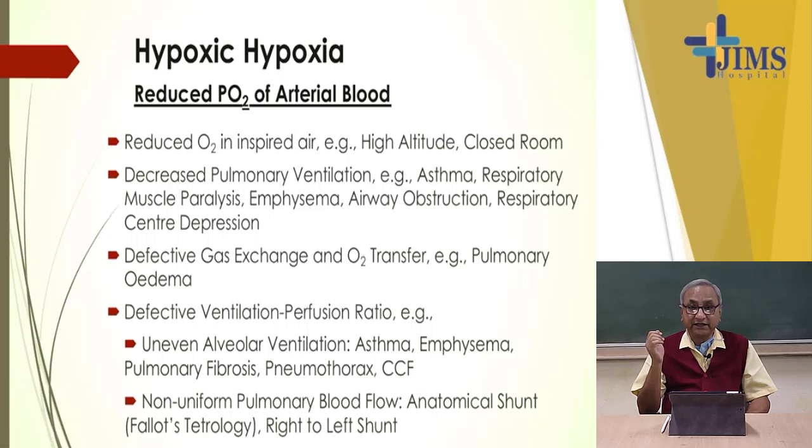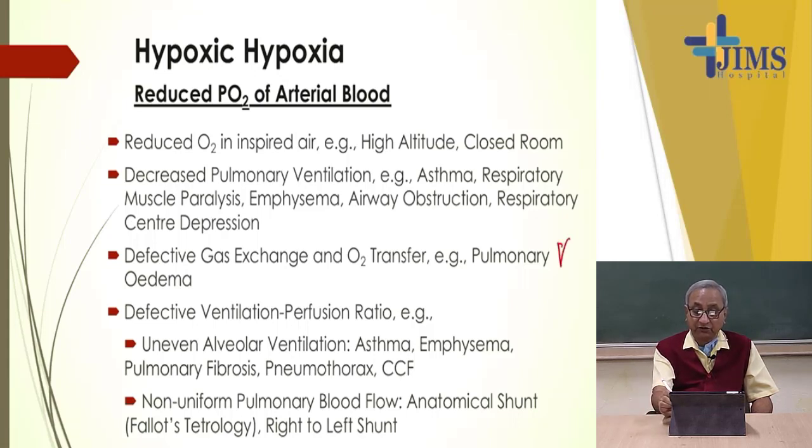Number 2: decreased pulmonary ventilation because of asthma, respiratory muscle paralysis, emphysema, any type of airway obstruction, and respiratory center depression in the brain. Number 3 is defective gas exchange and oxygen transfer, for example, in pulmonary edema.